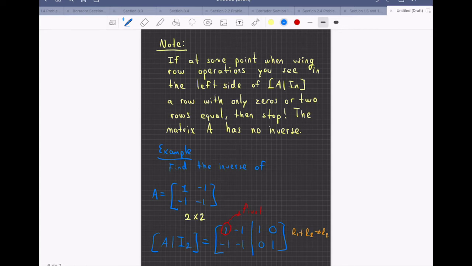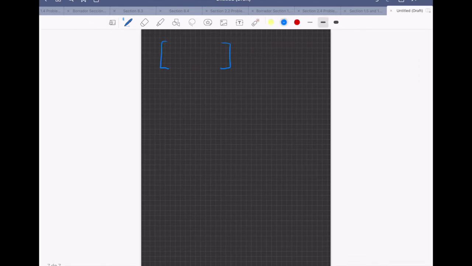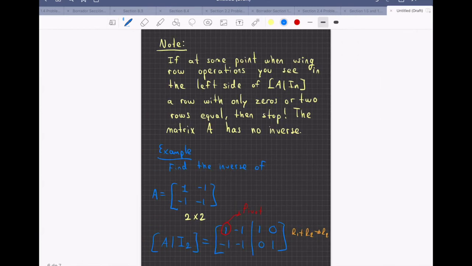Row 1 as it is, so 1, negative 1, 1, 0. But now we have a new row 2. Row 1 plus row 2: 1 plus negative 1 is 0.